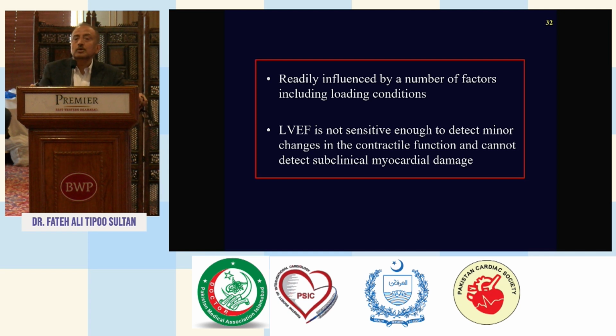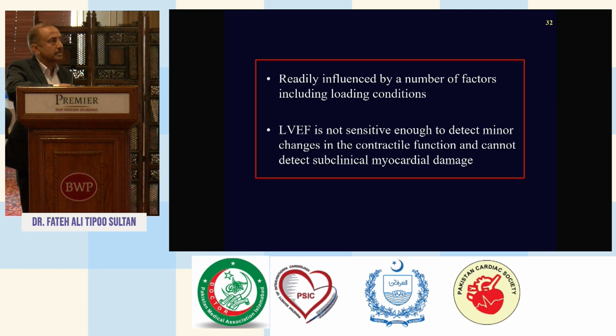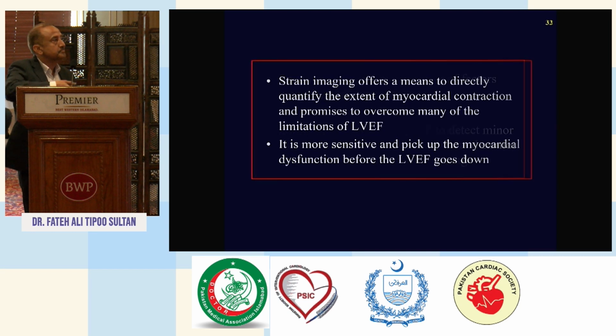So if you are seeing a normal EF, if someone is coming to you with heart failure with preserved EF, then the value of strain is basically not with reduced EF, it's basically with preserved EF. Now you can assess, because that is more sensitive than ejection fraction, so there may be reduced LV function with normal EF, which can only be picked up on strain imaging, and practically speaking, the longitudinal strain.